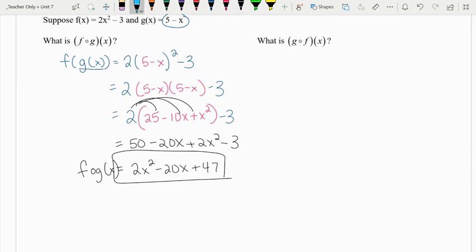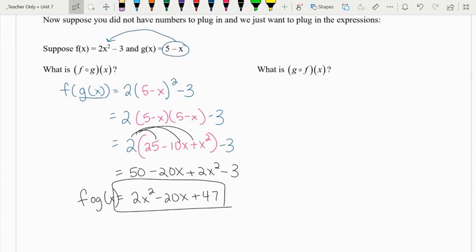So we're going to do the same process in the next one. If I wanted to find g of f, that is g of f of x. So that means I'm taking f of x and I'm plugging it in for x into our g of x. So g of x is 5 minus f of x.